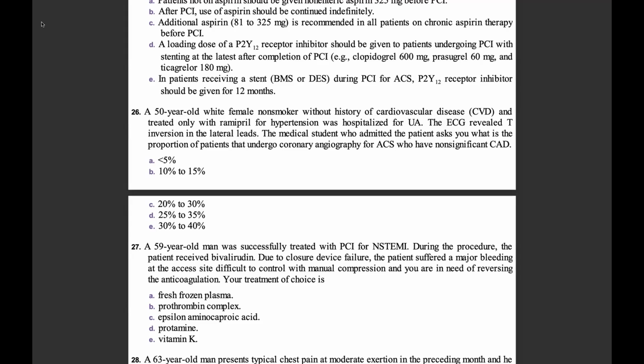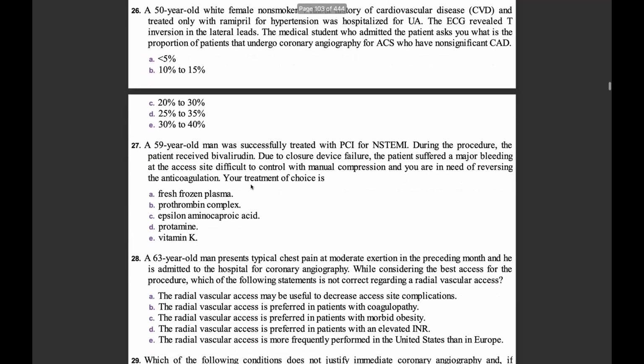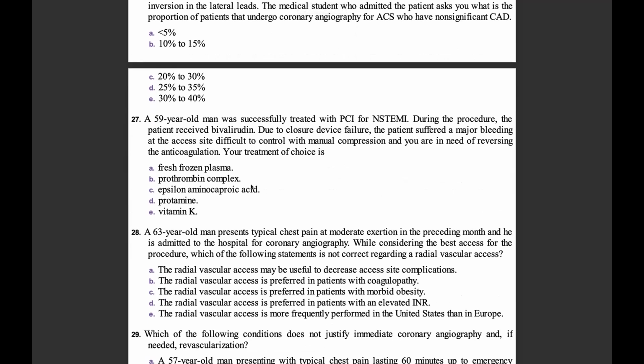Then for question 27, a 59-year-old man was successfully treated with PCI for NSTEMI. During the procedure, the patient received bivalirudin. Then due to closure device failure, the patient suffered a major bleeding at the access site, which was difficult to control with manual compression, and you are in need of reversing the anticoagulation.